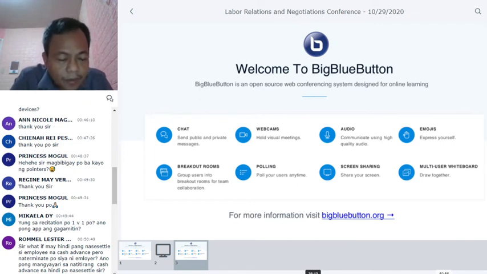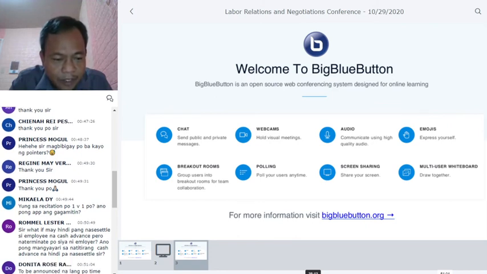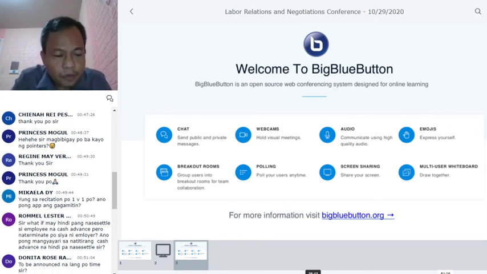Sir, what if may hindi pang nasa-settle si employee na cash advance pero na-terminate po siya ng employer? Ano po mangyayari sa natitirang cash advance na hindi pa na-settle? Kung halimbawa may hiniram si employee kay employer, normally, ang ginagawa ni employer, kapag termination, is to ask the employee to settle the cash advances made.